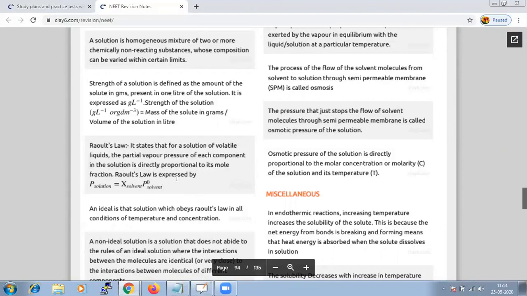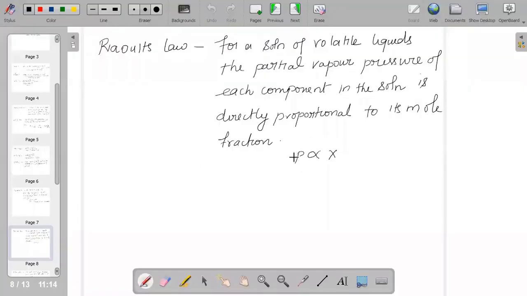Raoult's law is only for liquid solutions. So according to Raoult's law, the partial pressure of each component in the solution is directly proportional to its mole fraction, or we say P is equal to P naught X, where P naught is the vapor pressure of the pure component at the same temperature.